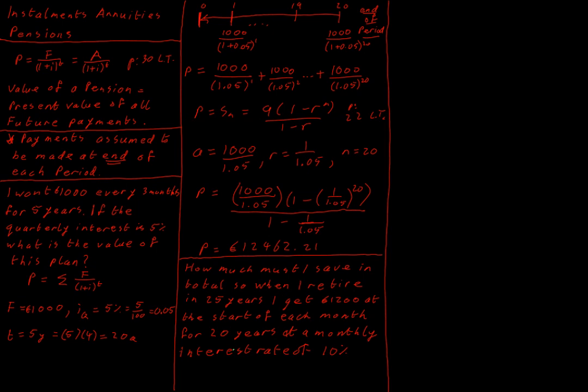I need to know the value of the pension, which means the value of all of the future payments, and I get that at the beginning of the pension. So the day I retire is my present time. So that's what I'm going to write in, and then we'll start into the question.